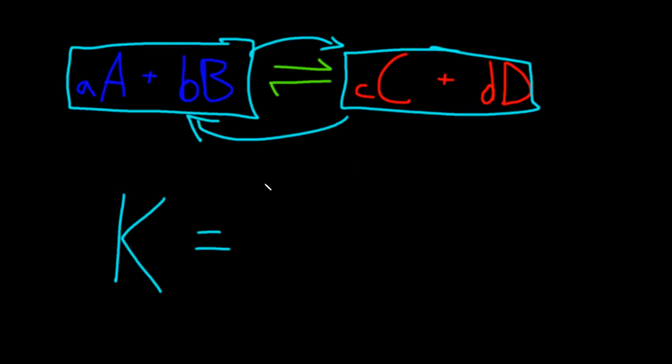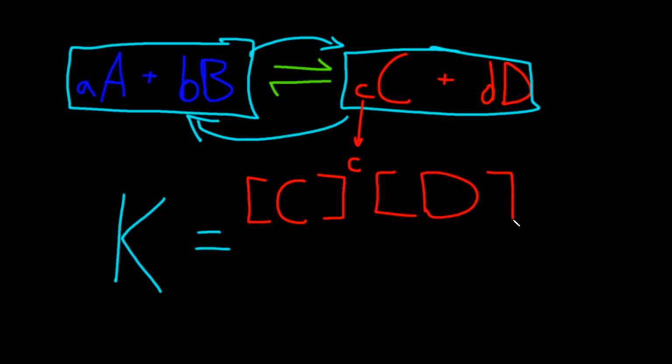So let me elaborate on how the products are represented in the K expression. What we'll put here is the concentration of product C to the power of little c, or the coefficient, the amount of moles of product C in the equation. And then we'll have product D to the power of d.